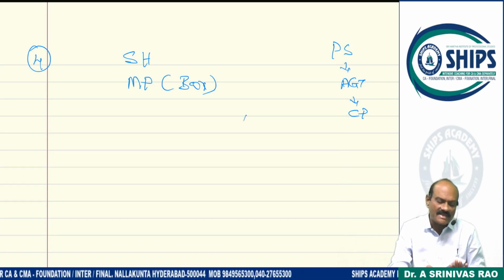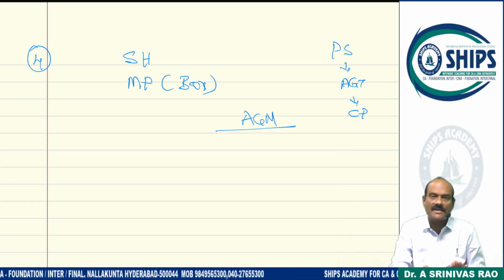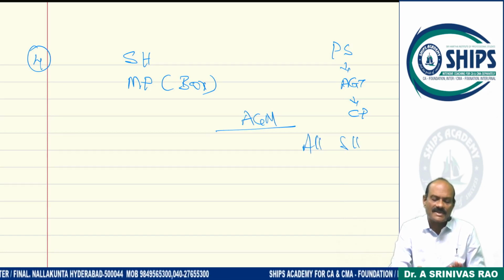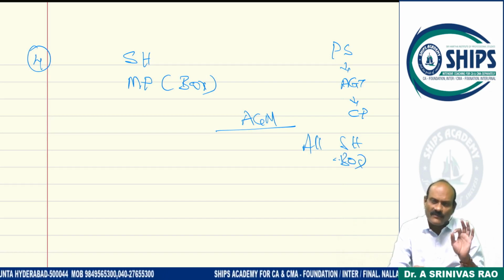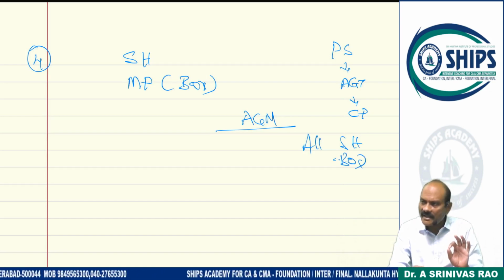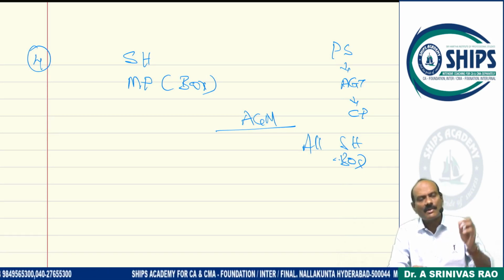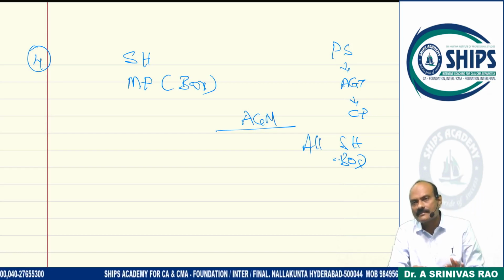The company's AGM, annual general meeting, is going on. All the shareholders are physically present. All the directors are physically present. Everybody who has a direct or indirect connection with the company is physically present. Due to one bomb blast, all died.